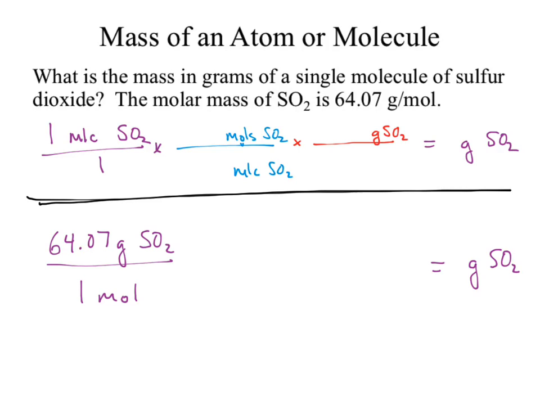One mole is defined as 6.022 times 10 to the 23rd molecules of SO2. That is Avogadro's number. Okay, so that conversion factor we get from our memory. Avogadro's number. This is one that we have to memorize. All right? What would that do for us?